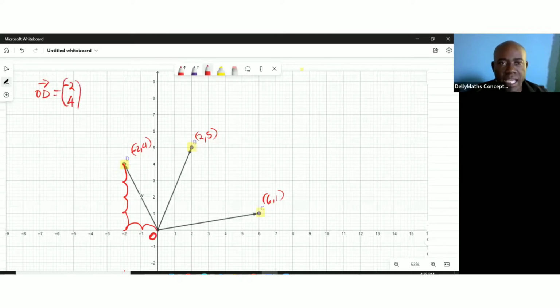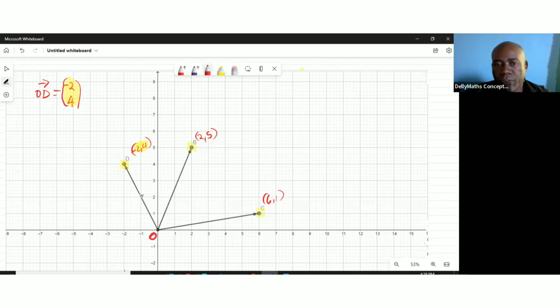Those are the same numbers. So technically, the coordinate of a point in a position vector system is the position vector.